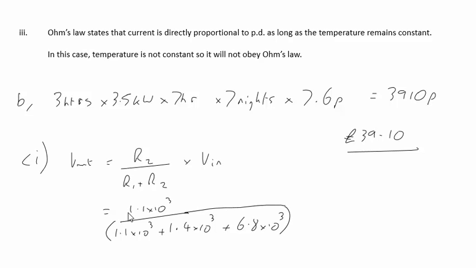And this is all multiplied by the input voltage of 6 volts, giving a potential difference of 0.71 volts.